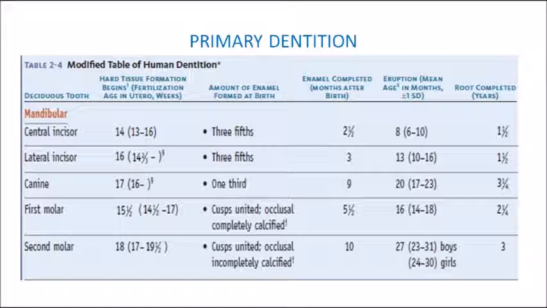Now coming to root completion, here also you have to notice that it is the canine which is undergoing the root completion last. That is, the last primary tooth to have its root completed is the canine in the lower arch, and it's the same for the upper arch as well. In both arches it is the canines which undergo root completion last.